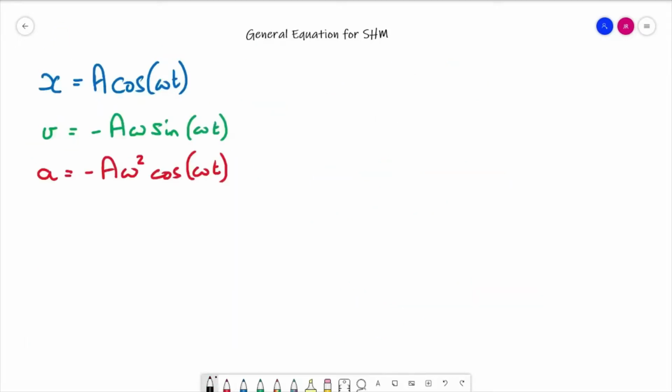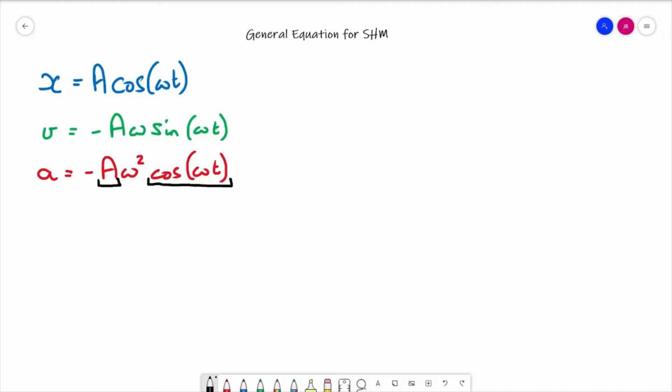Just to create a little bit more space then, I've brought those three equations forward onto a new slide, and actually we're almost there. We've almost now got the final equation that we're looking for. Now I want you to have a look at the acceleration equation, and in that equation you'll notice that we've got amplitude there and we've also got cos of omega t.